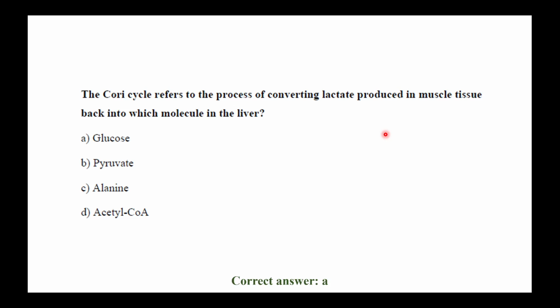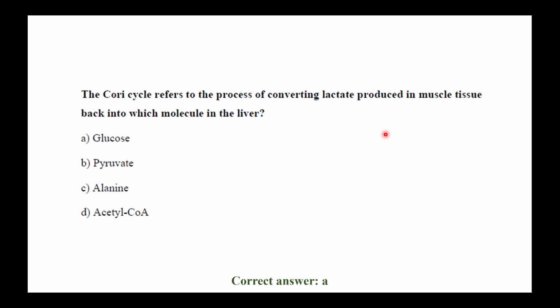So basically what happens is when you do vigorous exercise, you have observed that there's a muscle pain that happens after running very fast or having some kind of very vigorous exercise.